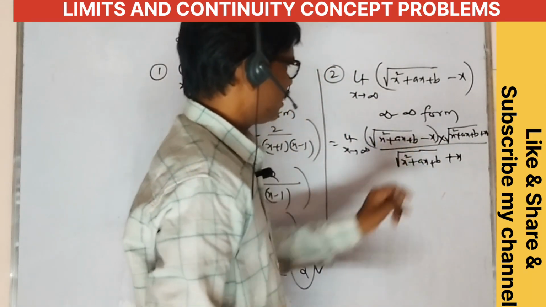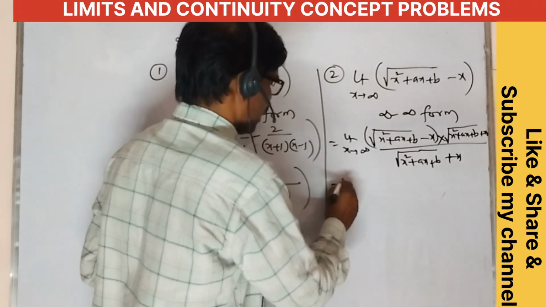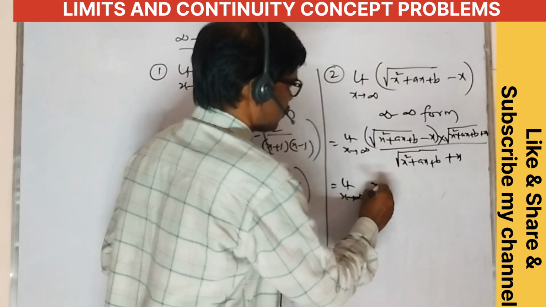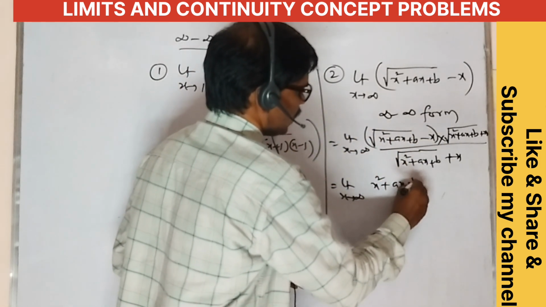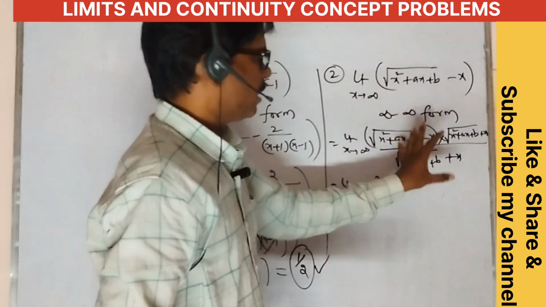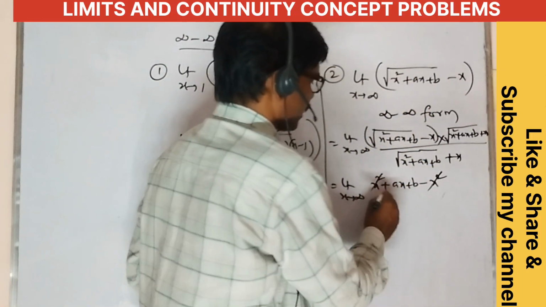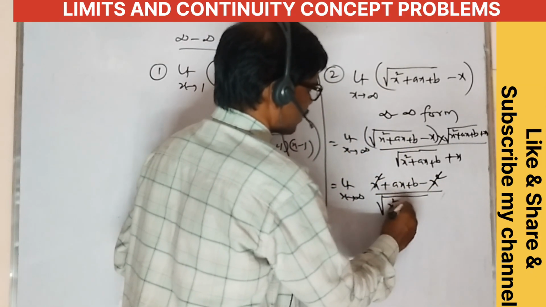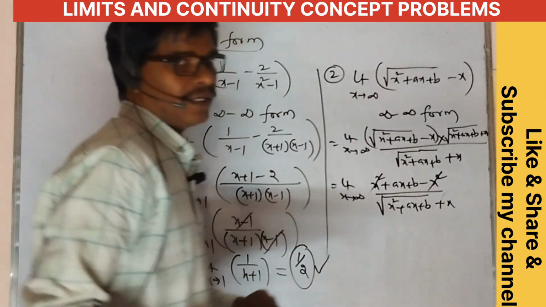Using (a plus b) into (a minus b) equals a squared minus b squared, the square root cancels, giving x squared plus ax plus b minus x squared. Here x squared also cancels, and the denominator is square root of x squared plus ax plus b plus x.